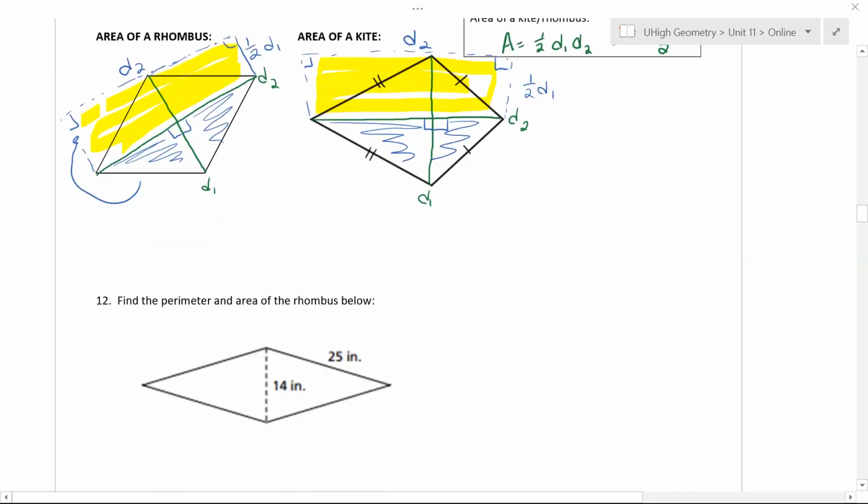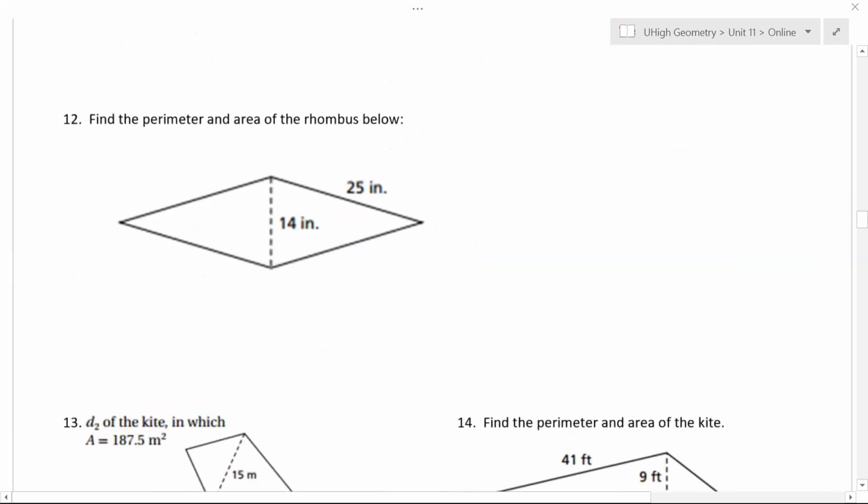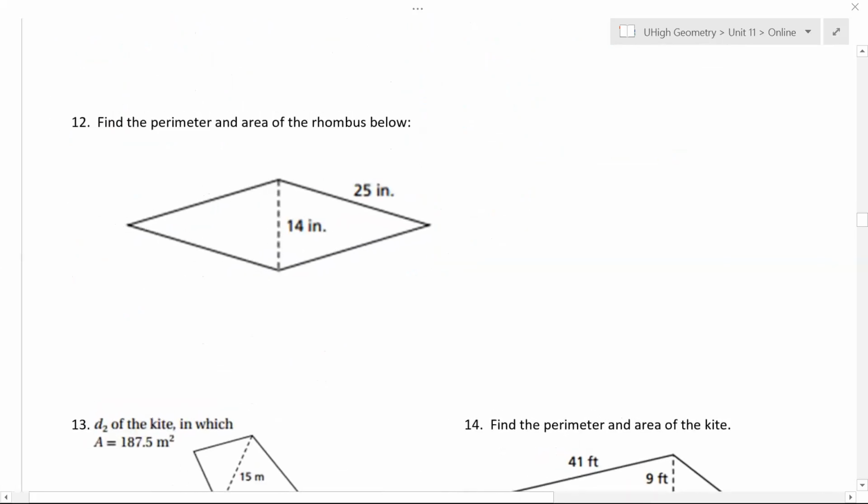So let's go ahead and try these here. So number 12 says find the perimeter and area of the rhombus below. And we're given that one of the diagonals is 14 inches and one of the side lengths is 25 inches. So let's think about, if I'm looking for the area, I know I'm going to need my second diagonal. So I'm going to draw the second diagonal here across. And if I have a rhombus, I know that consecutive sides are congruent.